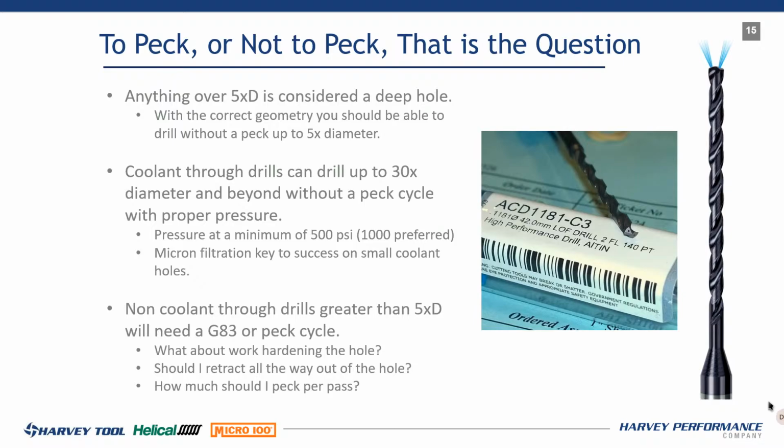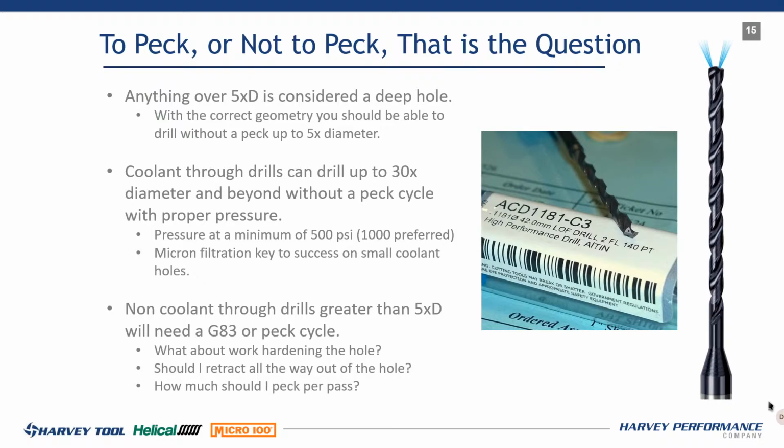I was working with a customer using coolant through drills, and we discovered that the coolant wasn't even coming out at the end of the tool. So we were able to reduce the cost, not go with coolant through, and went with standard tools in a peck cycle, okay?